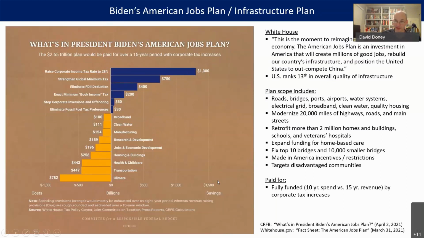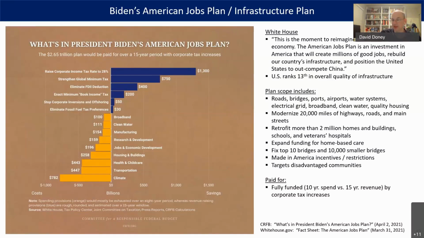And it's what you would think of in traditional infrastructure: roads, bridges, ports, airports, water systems, electrical grid, broadband, clean water, quality housing. The last two are probably stretching it a little bit. I think digital broadband is not a stretch for infrastructure, and maybe clean water isn't either. Quality housing may be a stretch.